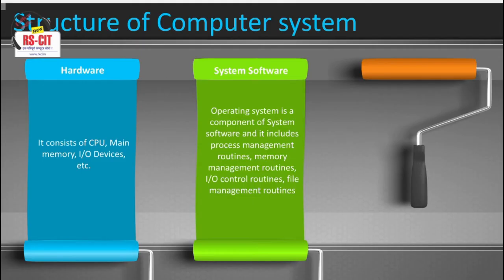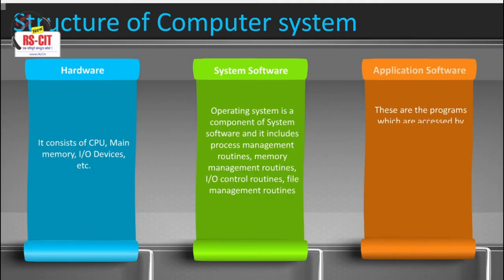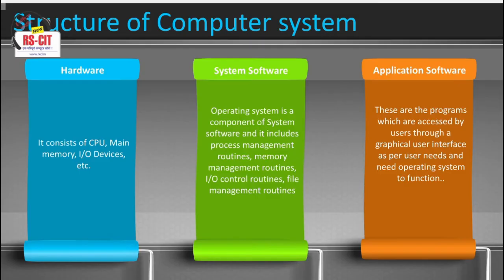Operating system is a component of system software and it includes process management routines, memory management routines, input-output control routines, file management routines. Application software. These are the programs which are accessed by users through a graphical user interface as per user needs and need operating system to function.